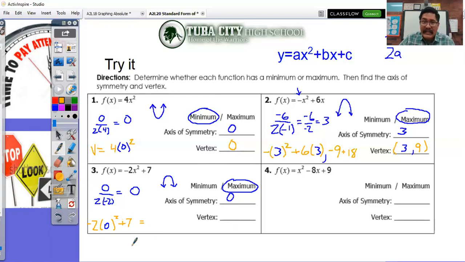And -2 times 0 is still going to be 0, and 0 plus 7. So in this case here, we just end up with 7. Now again, that's going to be our y value for that. And the x value for our vertex is going to be the axis of symmetry's number, which in this case, again, we got as 0.